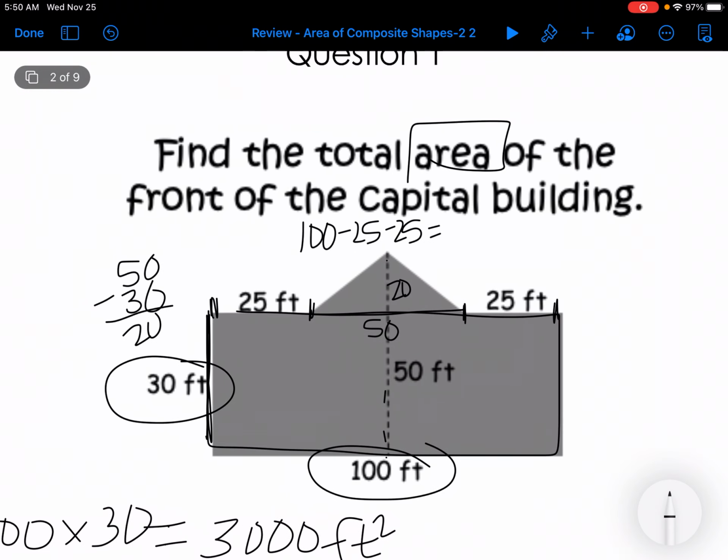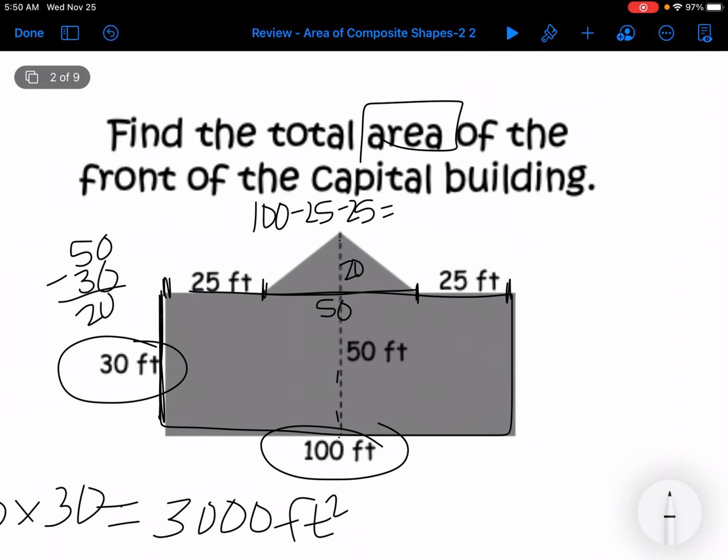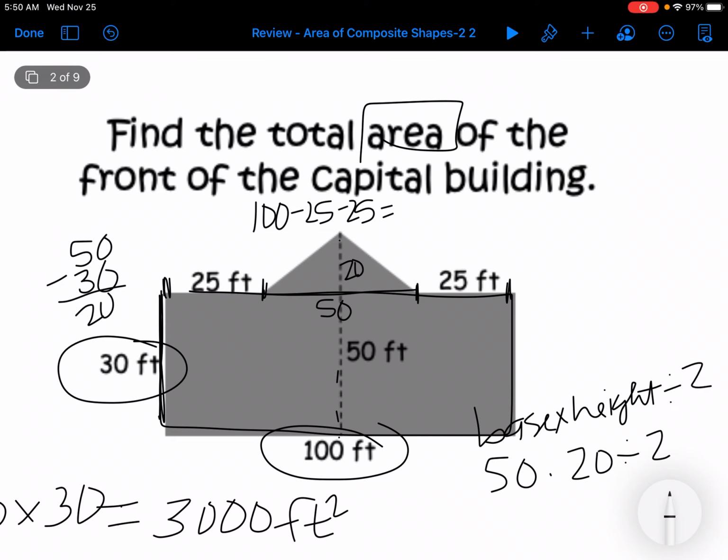So I'm going to find the area of a triangle that has a base of 50 times 20 divided by 2, because I'm doing base times height divided by 2. So I end up with 1,000 divided by 2.